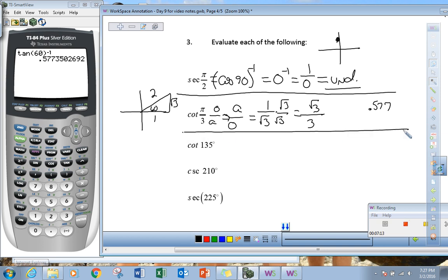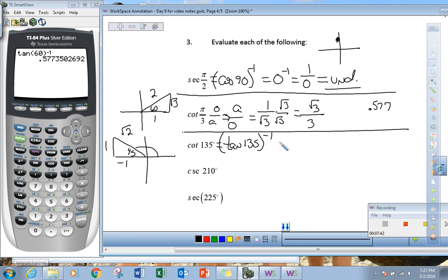Cotangent of 135. Well, two ways to do this one. I could draw a 135-degree angle, meaning I got a 45-degree angle there, which means I got 1, negative 1, radical 2. Well, the tangent of this thing, let me find the tangent of 135 and then do the reciprocal.